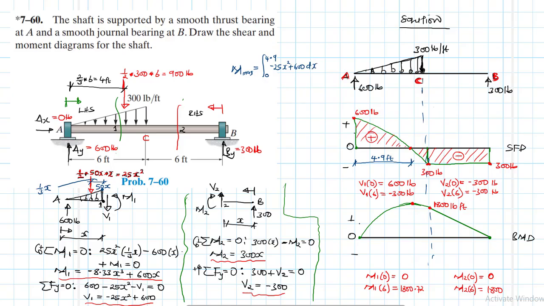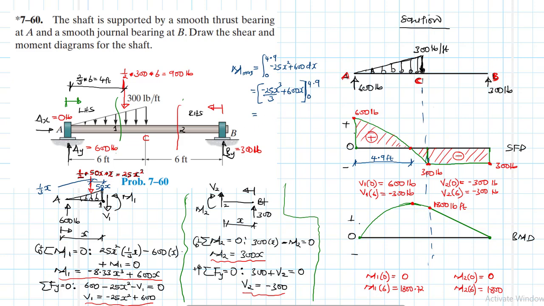If we integrate this, it becomes minus 25 x to the power 3 divided by 3 plus 600 x, from 0 to 4.9. So we'll need now to apply these values, the integration constants.